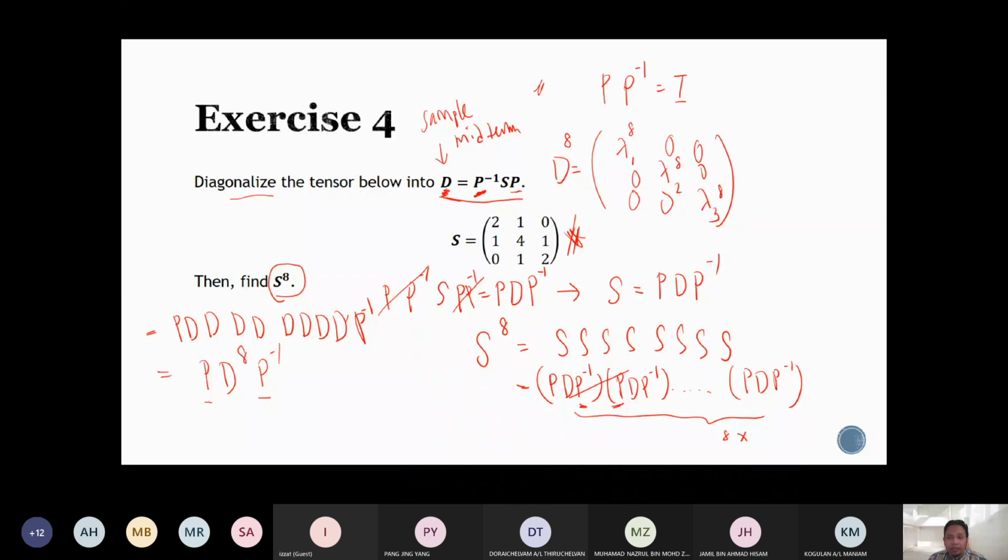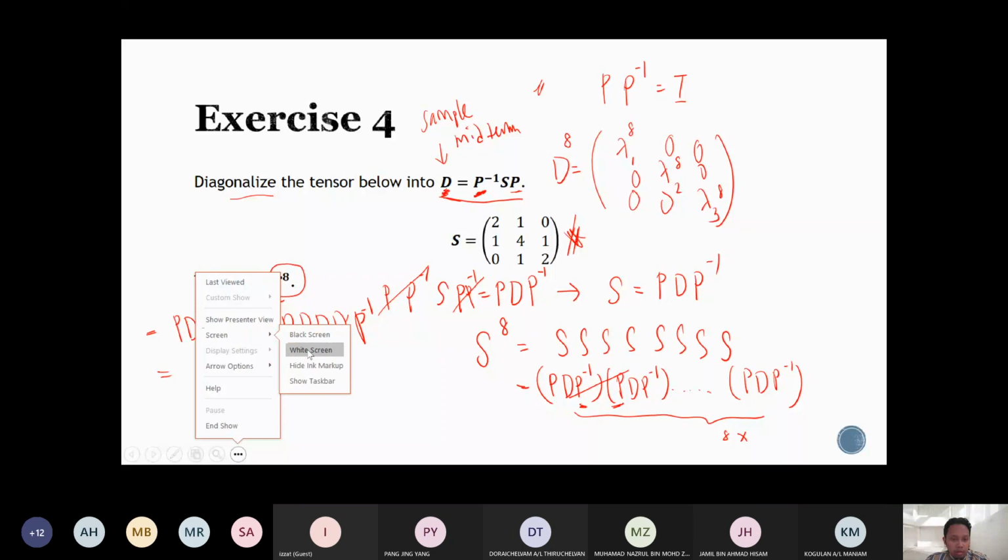Before that, I actually want to tell you about the project for a moment. We have midterm 20%. I think midterm will be on week 7. And then we have project 20%.